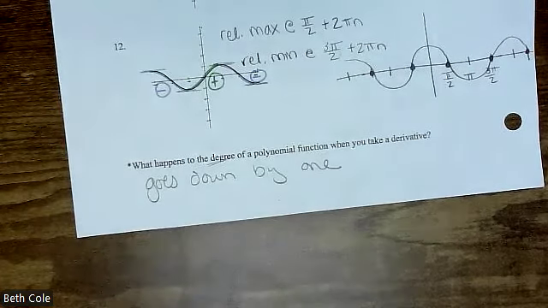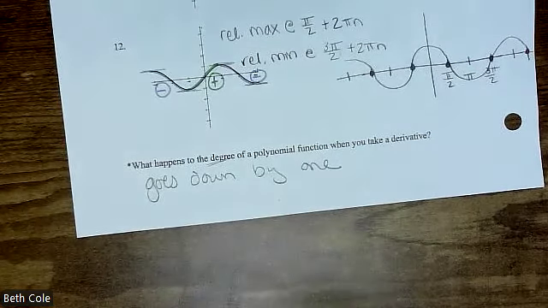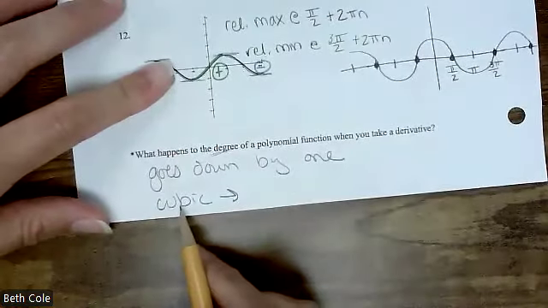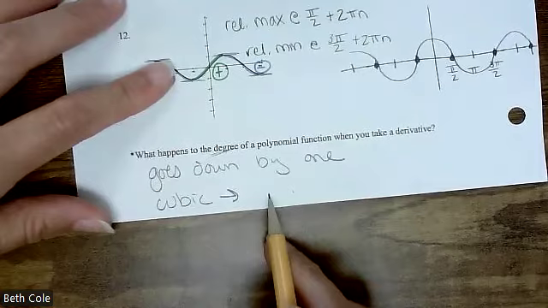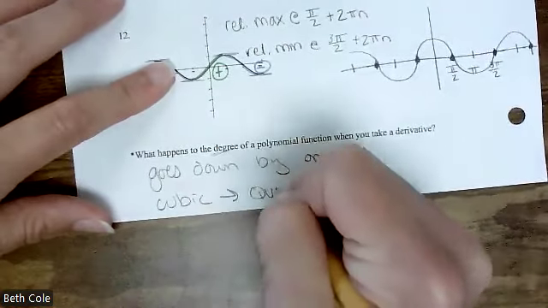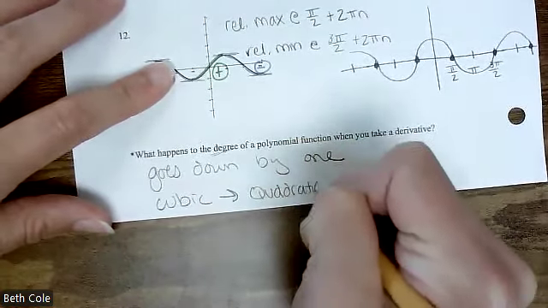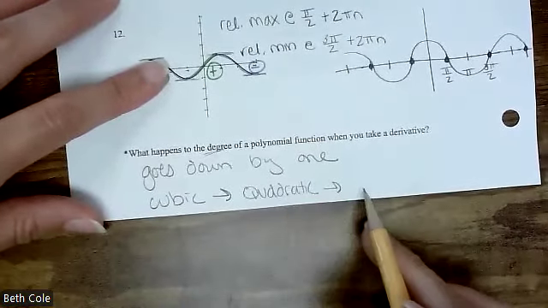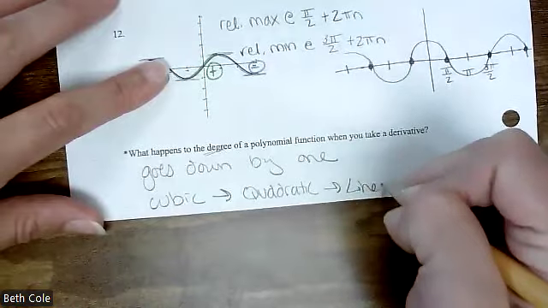And so I just want to write the order of them for you. Starting with cubic, the derivative of a cubic graph would be a what? Quadratic. The derivative of quadratic would be linear.